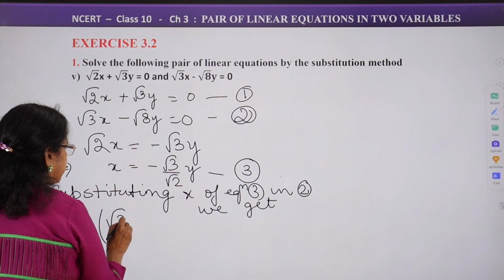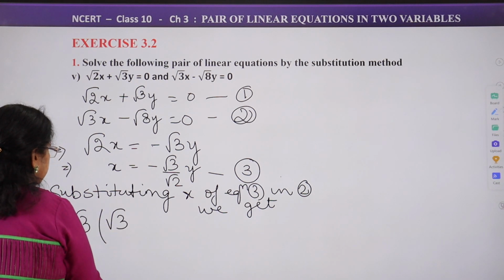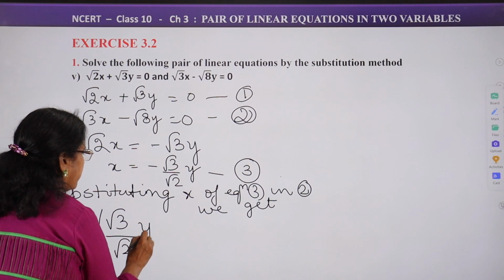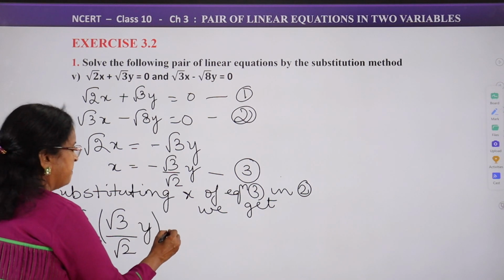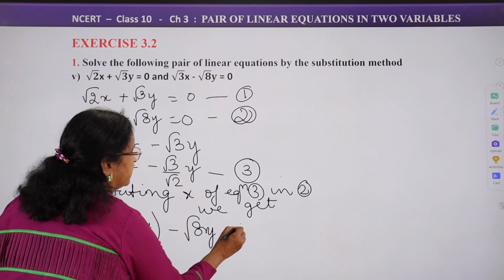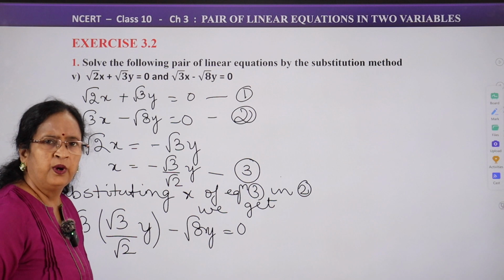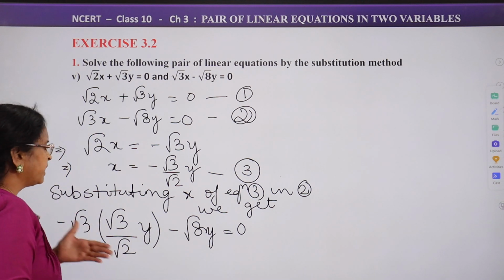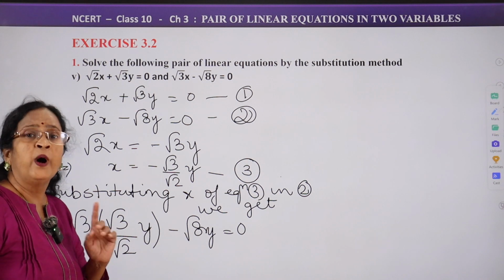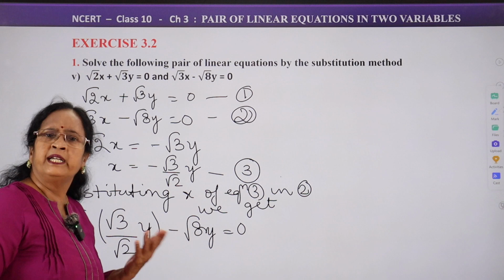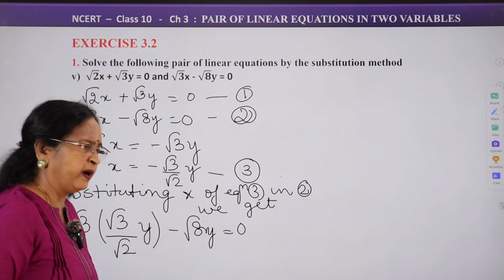Root 3 into minus root 3 by root 2 y minus root 8y is equal to 0. Now, it is very clear, this equation is in one single variable, that is y. So, let us find the value of y.